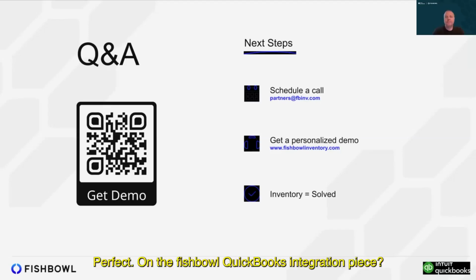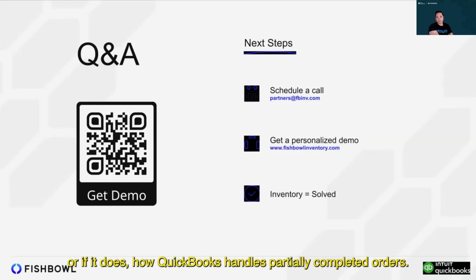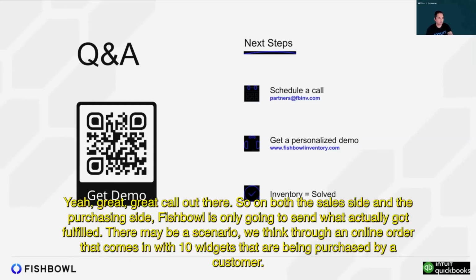Great call out. On the Fishbowl QuickBooks integration piece, can you share a little bit more about how, or if it does, how QuickBooks handles partially completed orders? Yeah, great call out there. On both the sales side and the purchasing side, Fishbowl is only going to send what actually got fulfilled.